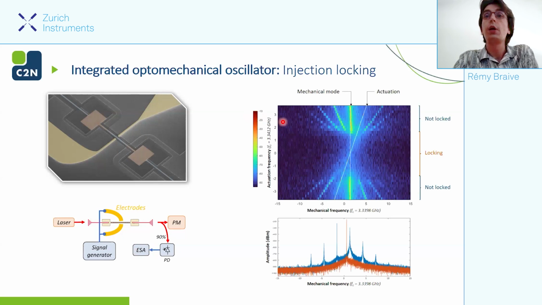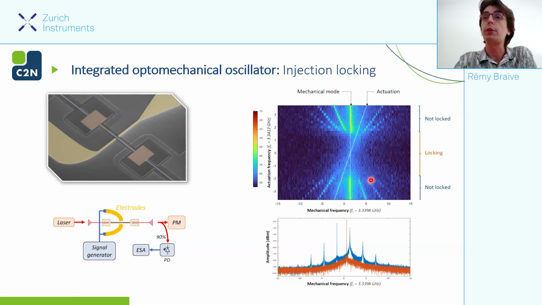What we do is sweep the actuation frequency, so the signal generator frequency, here on the diagonal, and each line is one recording with the electrical spectrum analyzer. And we see three regions. The first one is where the two systems are not locked, and so we see some beatings between the drive and the mechanical resonance.